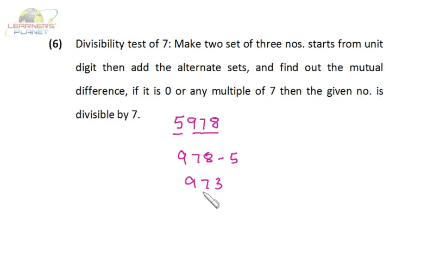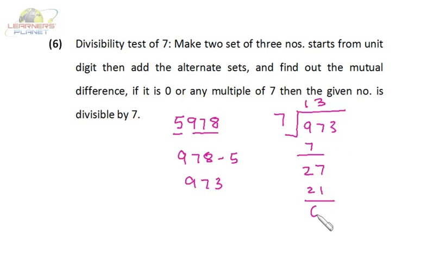Now let's check whether 973 is divisible by 7 or not. Just divide. So 7 1s are 7. It's 2. I take 7. 7 3s are 21. I am left with 6. Then 3. 7 9s are 63.